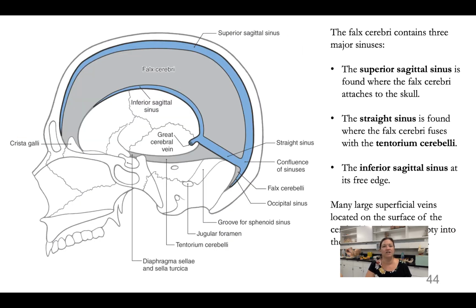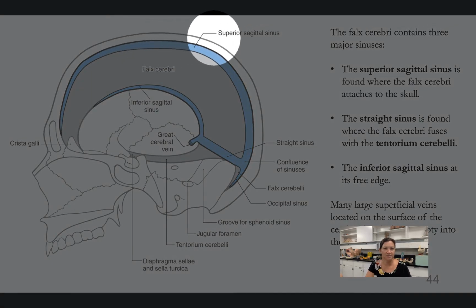Now, we haven't talked yet about the venous sinuses, so we want to review the major venous sinuses. The falx cerebri contains three of them. The first is the superior sagittal sinus, adjacent to the skull. The second is the inferior sagittal sinus, which is on the inferior free edge of the falx cerebri.